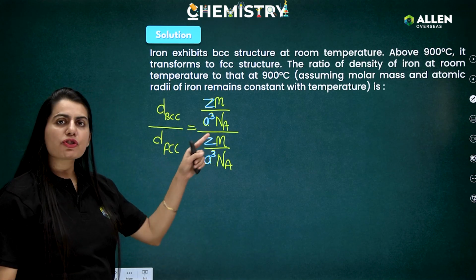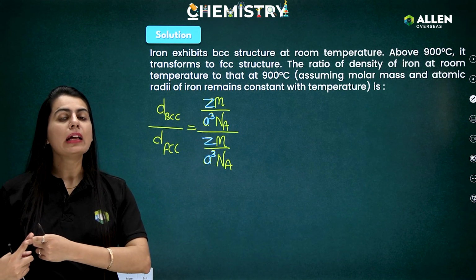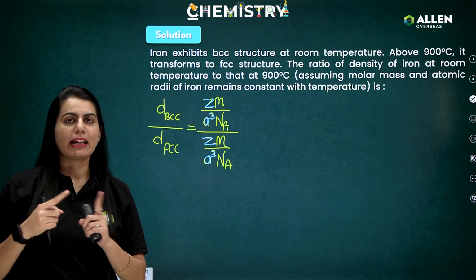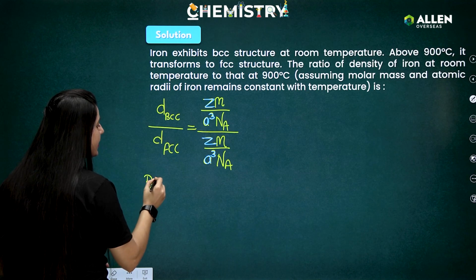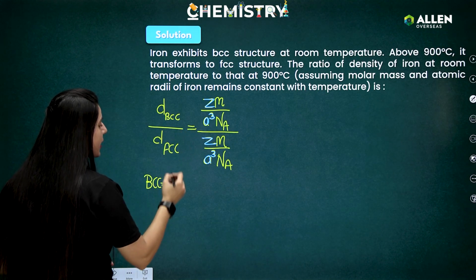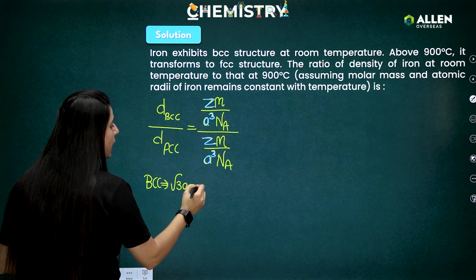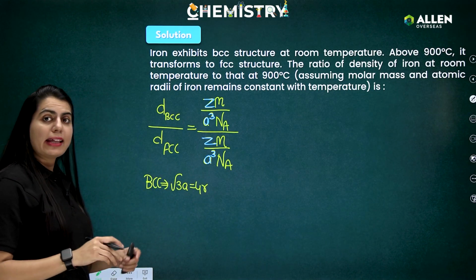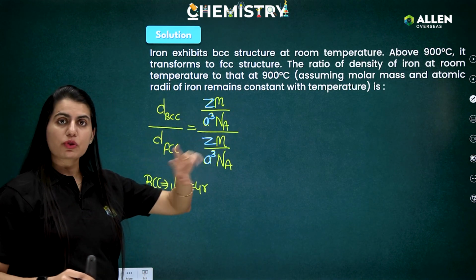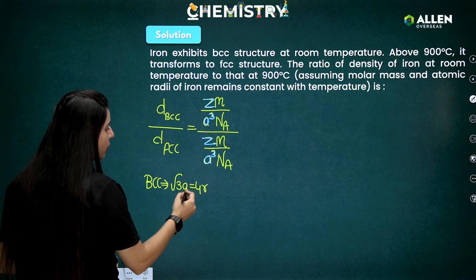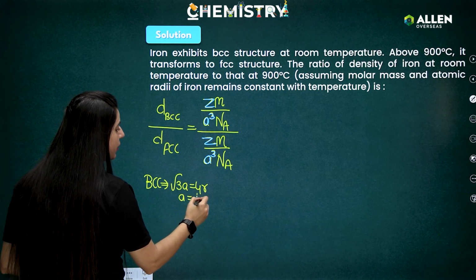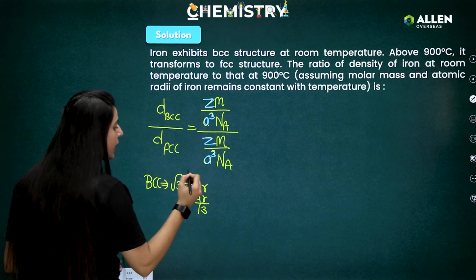Apart from that, the relation of a with radius is obviously different for BCC and FCC. For the BCC case, the relation of side with radius is √3a = 4r. They have mentioned that the radius is the same, so we need to solve this question in terms of radius. So the a value in terms of r will be 4r by √3.